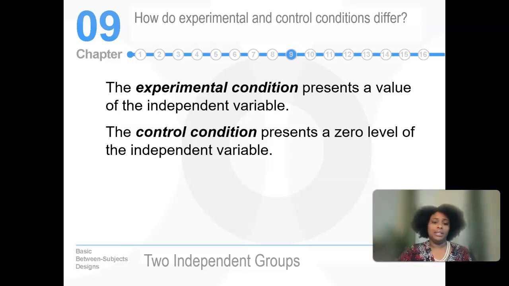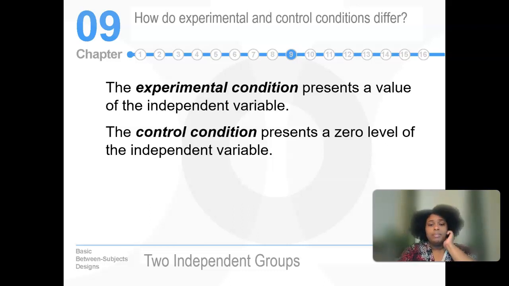My second condition will be the control condition, and this represents a zero level of the independent variable because this particular group has no impact, no effects. It is the placebo group.